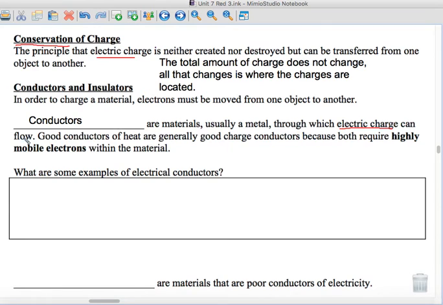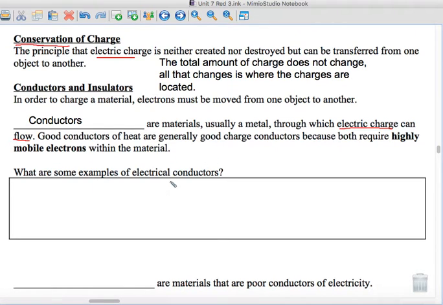So they let charges move more easily. It turns out that good conductors of heat are also usually good conductors of charge and electricity. That's because they have a lot of electrons that can move around. That helps transfer the heat, also obviously transfers the charge.